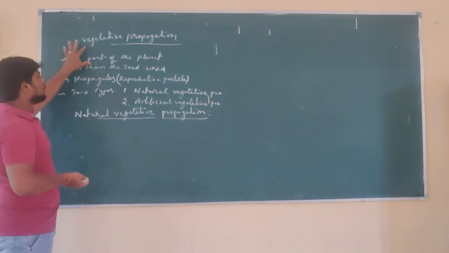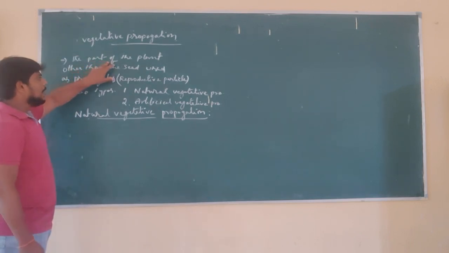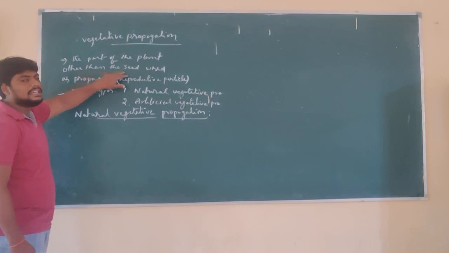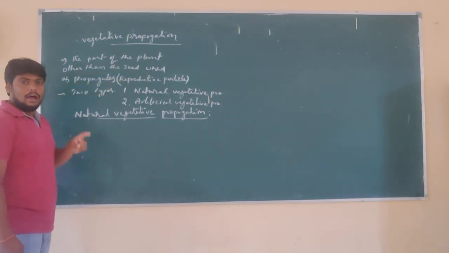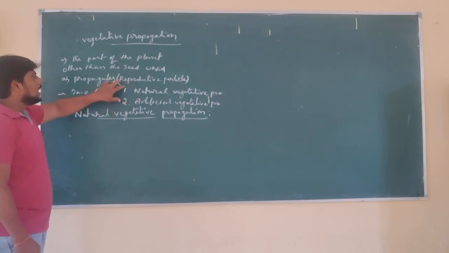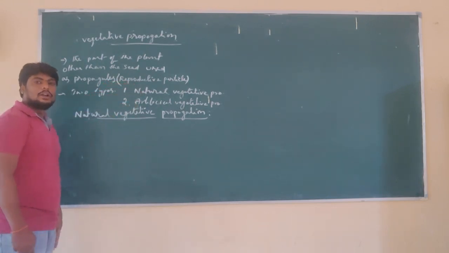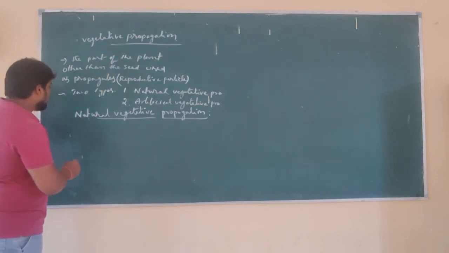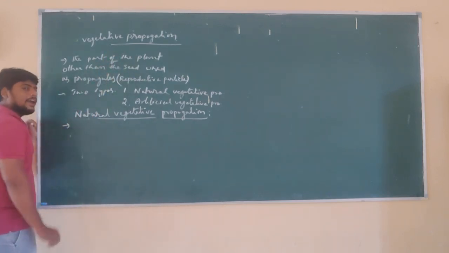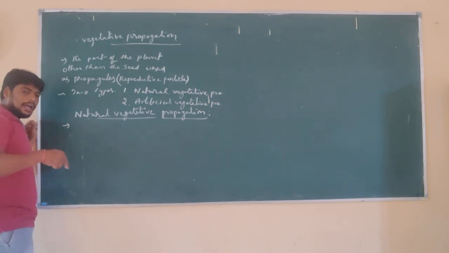So what does vegetative propagation mean? The part of the plant other than the seed which is used to produce the new plant, or used as propagules or reproductive particles. Under natural vegetative propagation, why are the plants using parts other than the seed?